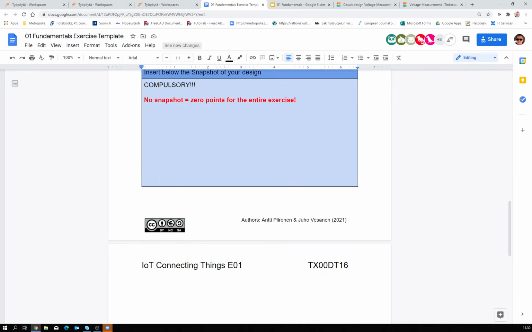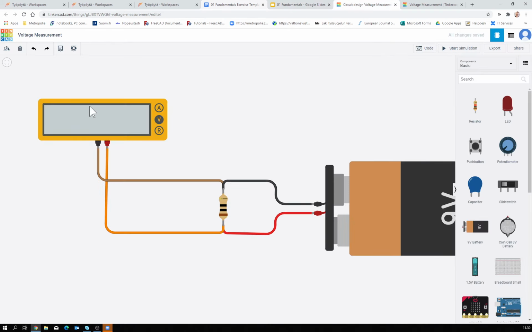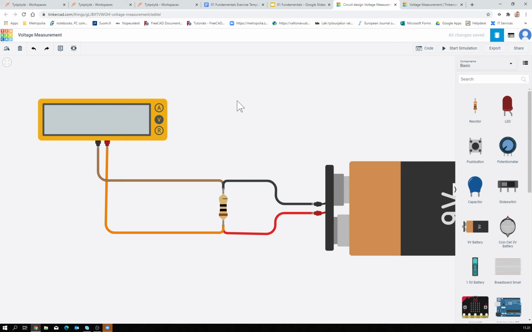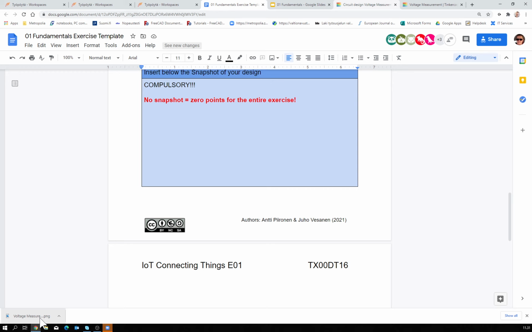And what else on the return? A snapshot of your design. When you have your design, there are a couple of ways you can add a snapshot. There is a share option, you can share the snapshot of your design, and it's easy to just take this one and drop it there.